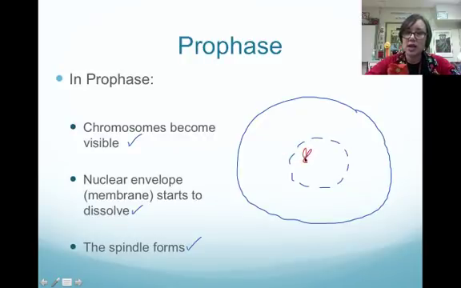So instead of our DNA being loosey-goosey, we're going to see our DNA in the shape of chromosomes, just kind of randomly floating inside of our nucleus that's starting to dissolve. We also know that we're going to start to see spindle fibers form. And so our spindles are going to be these guys that are starting to form along the outside of the cell.